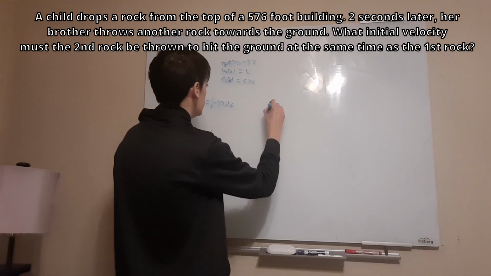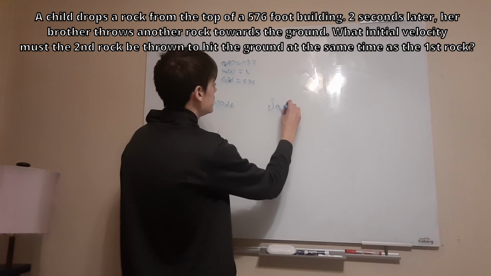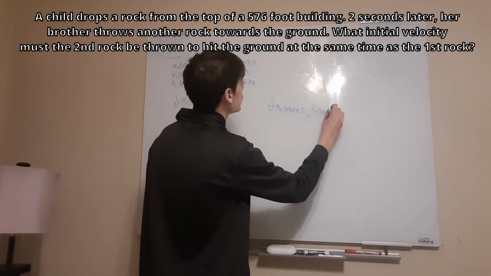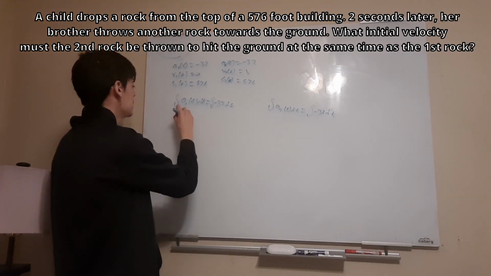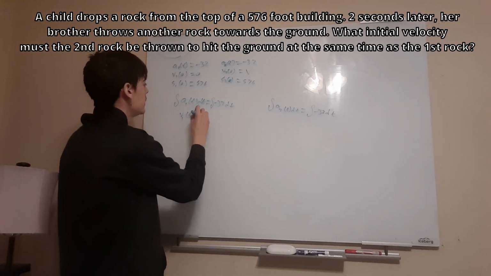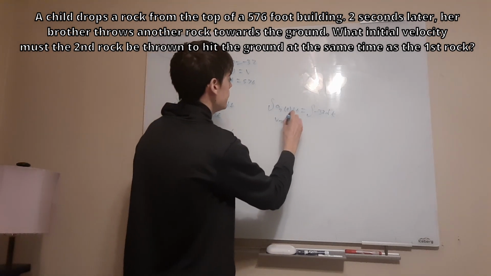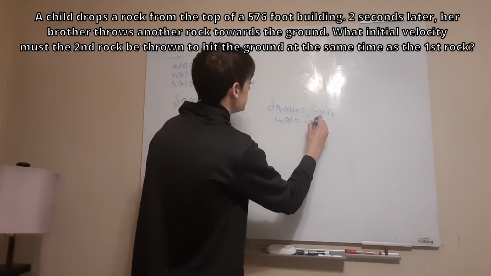Same for the kid over here: integral of a2 of t dt equals the integral of negative 32 dt. So that gives us v1 of t equals negative 32 t, and v2 of t as well equals negative 32 t.